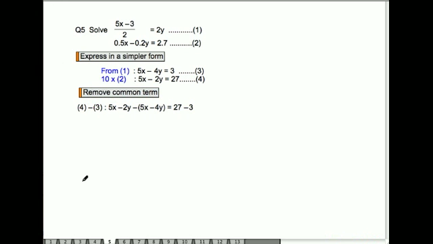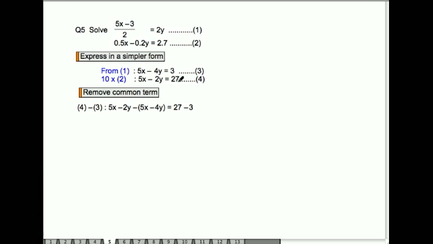We simply subtract the left-hand side, equation 4 minus equation 3, which is 5x minus 2y minus 5x minus 4y.